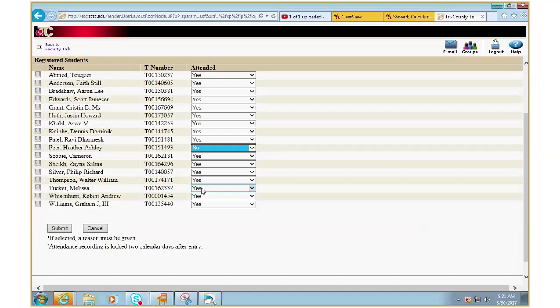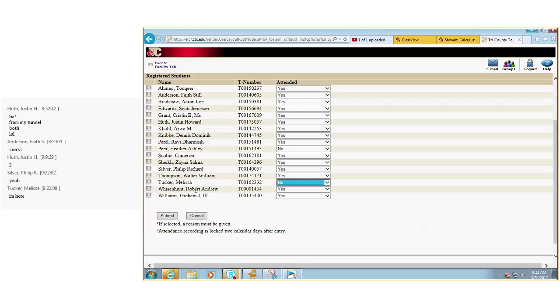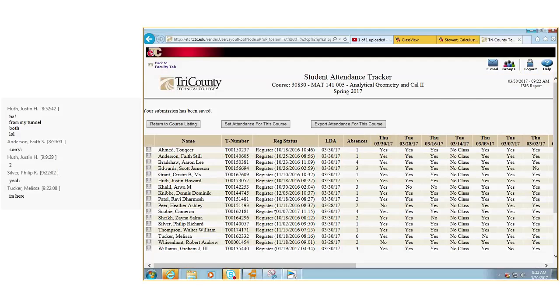Tucker is not here. Miss Tucker, you didn't Skype in, did you? I think she did. Wizenhunt didn't Skype in, and Williams is Skyping. Tucker Skyped in. Okay, Tucker is here. Well, she didn't speak up. Okay. I thought the only ones missing were Pierre and Wizenhunt. They're gonna fail.